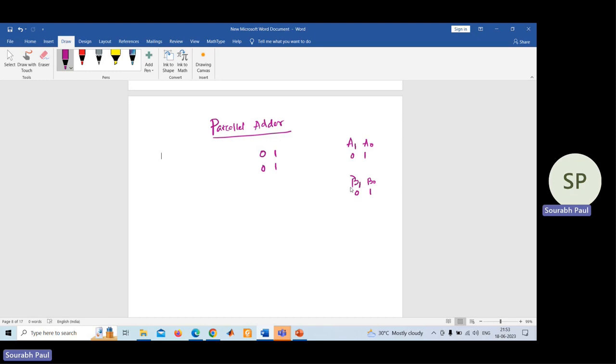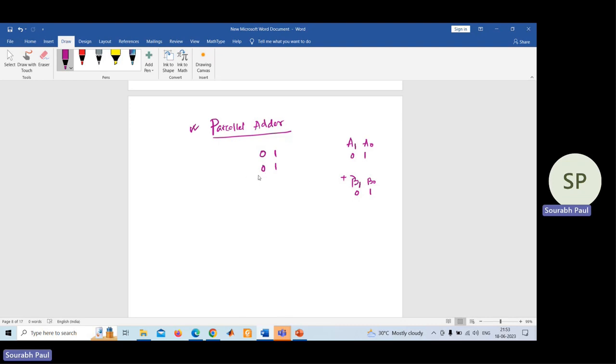Now, if I have to add these two numbers, which circuit is there in digital electronics to add them? The answer is parallel ladder. When each number has more than one bit, we need to use parallel ladder.